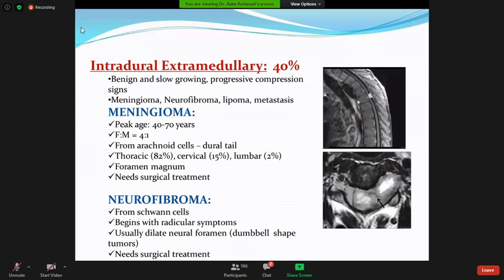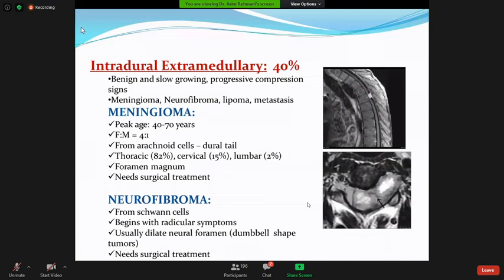This is an MRI T1 weighted image, sagittal view with contrast enhancement. You can appreciate a homogeneously enhancing lesion with a broad base and dural tail sign. So this is a meningioma and this is a neurofibroma. These are sagittal images and these are axial images.